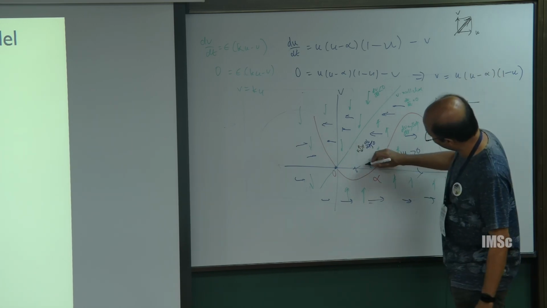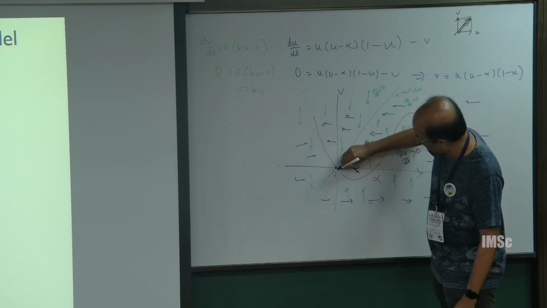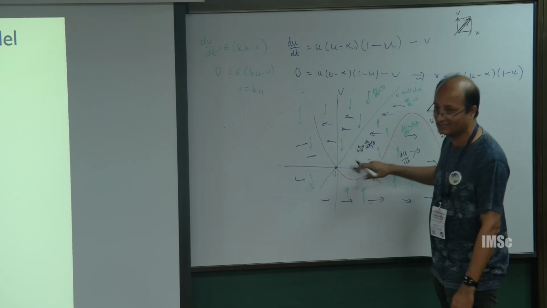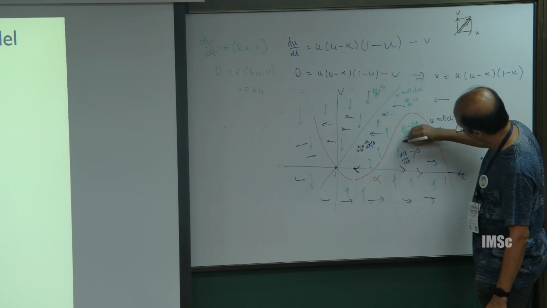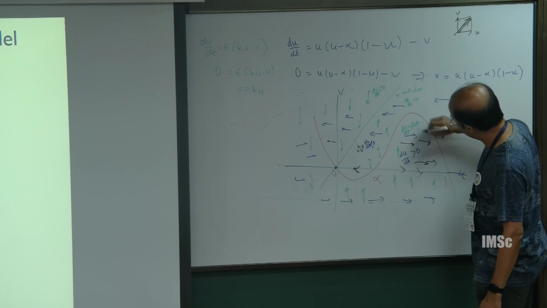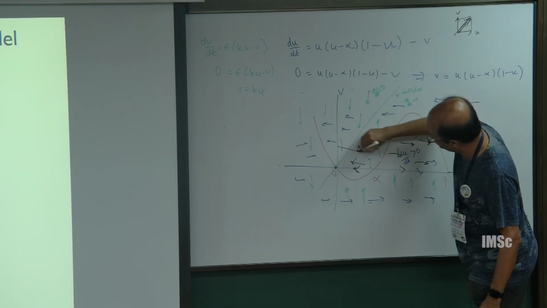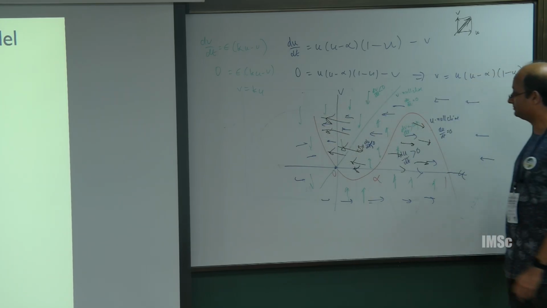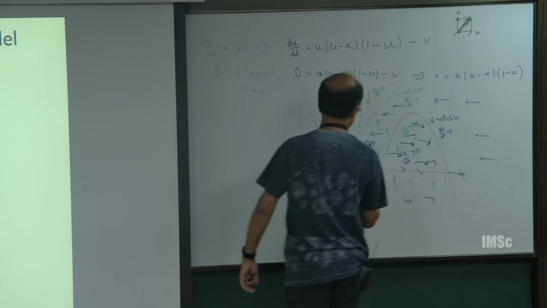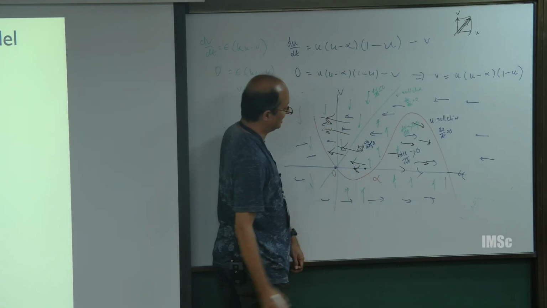So if you are here, for example, you will immediately flow here; the v direction actually does not matter much. Similarly, if you are anywhere here, you just immediately flow here, whereas if you are here, you immediately flow here. Now suppose you start with v equal to 0 and u is some value less than alpha.